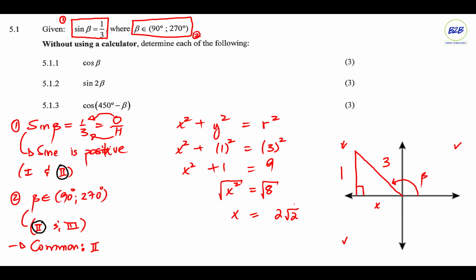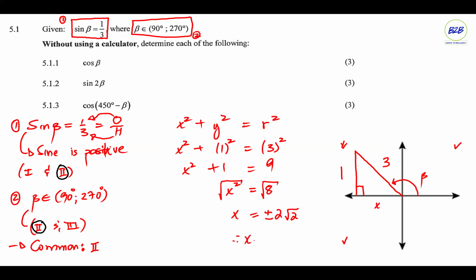But previously in episode 1, we learned that x can be positive or negative depending on the quadrant that has been used to sketch the right-angled triangle. In this case, that is the second quadrant, and within the second quadrant, the value of x must be negative.